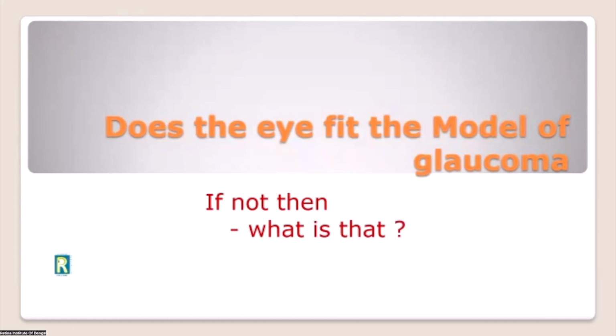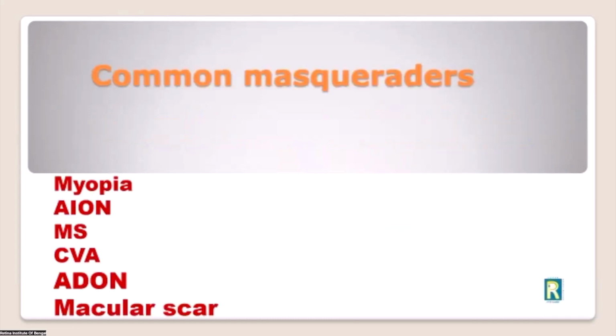So we must question ourselves, does it fit the model of glaucoma? If not, then what? There are a few common masqueraders of glaucoma, which look like glaucoma but are not glaucoma. And several of these patients receive glaucoma therapy for years. First, the most common, is myopia. Then comes AION, anterior ischemic optic neuropathy.